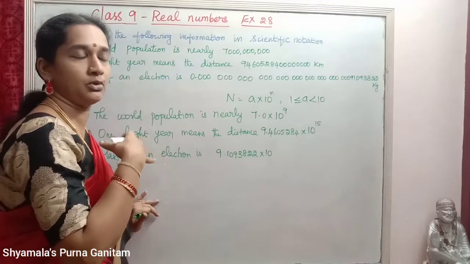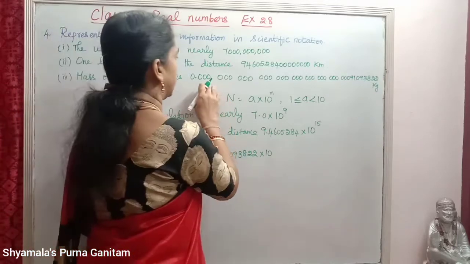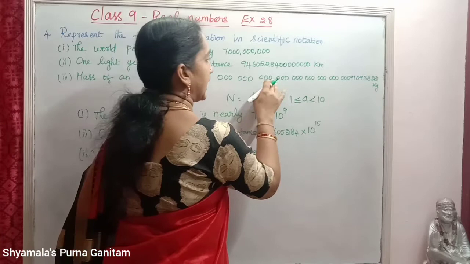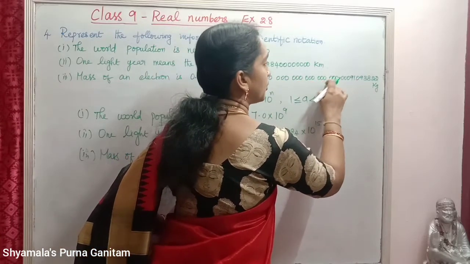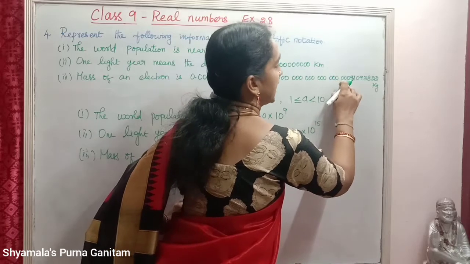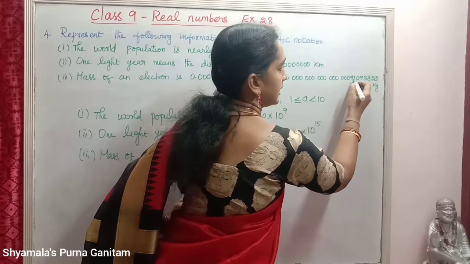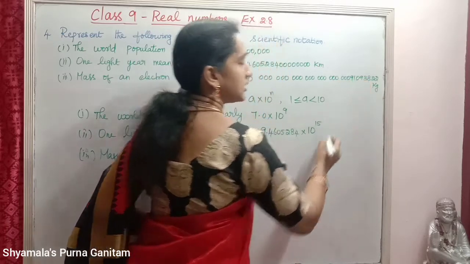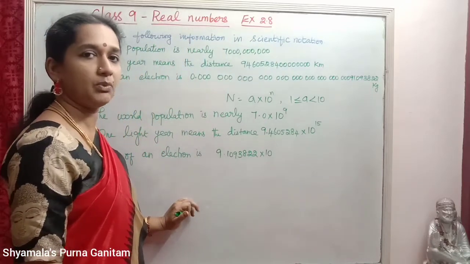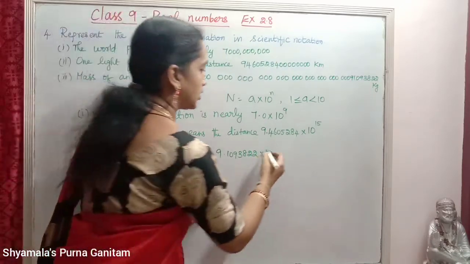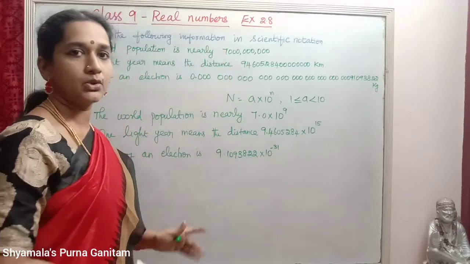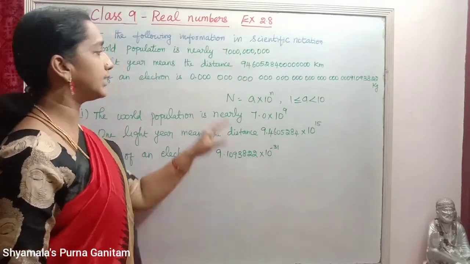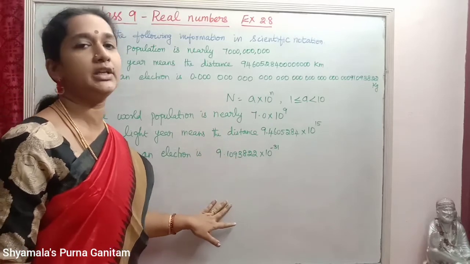The 10 to the power negative value we have to write. So we count 3, 6, 9, 12, 15, 18, 21, 24, 27, 28, 29, 30, then 1 and 9, 31. 31 places it has to be moved. So into 10 power minus 31. This is how you have to write the scientific notation for the given numbers.